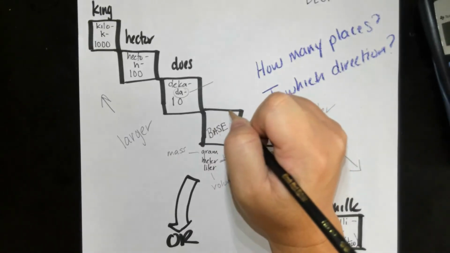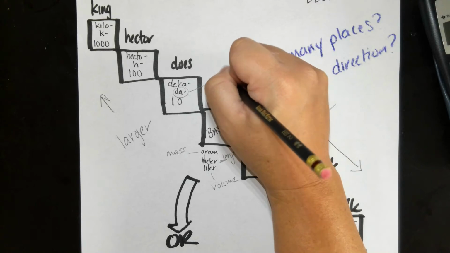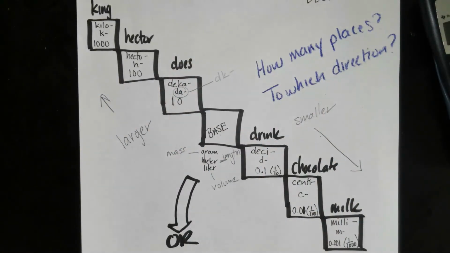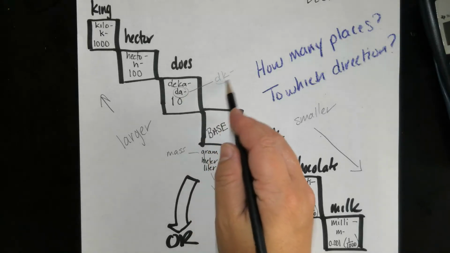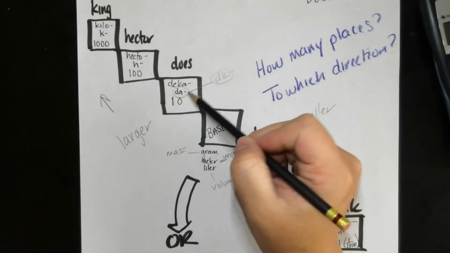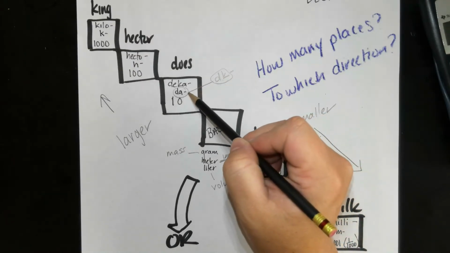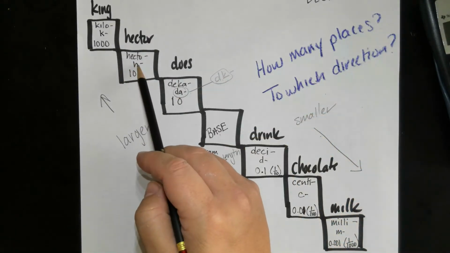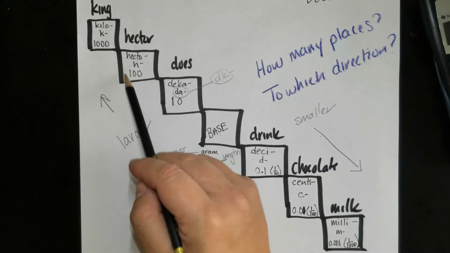Something that we can also see sometimes, places will use DK as an abbreviation for deca. I would prefer that you stick with this. If you use this, you're not technically wrong, because in some books, you will see this used as opposed to this.